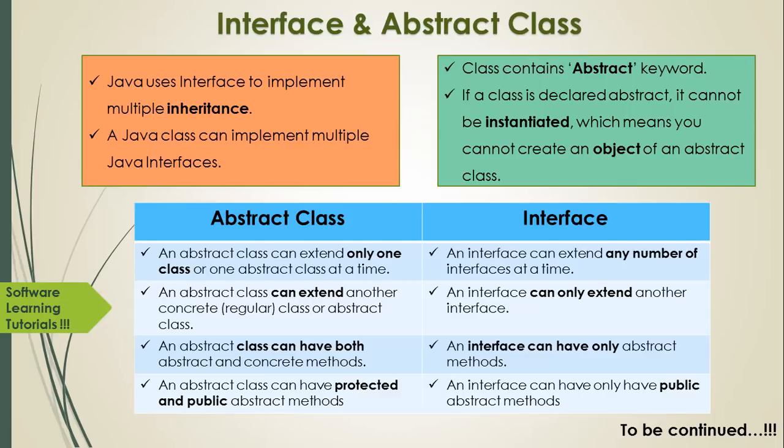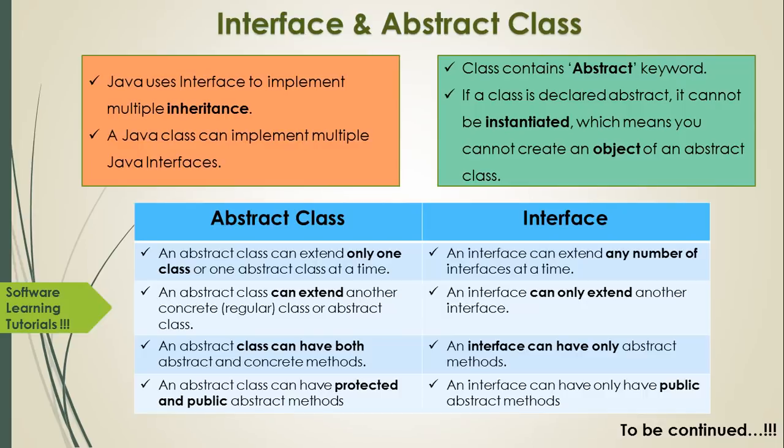And multiple inheritance is a type of inheritance that we can implement in a Java program. A Java class can implement multiple Java interfaces, although they are the same with minor differences. That's the reason a Java class can implement multiple Java interfaces.